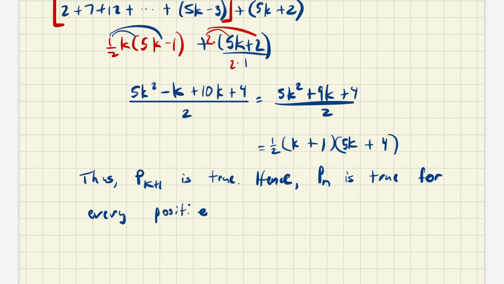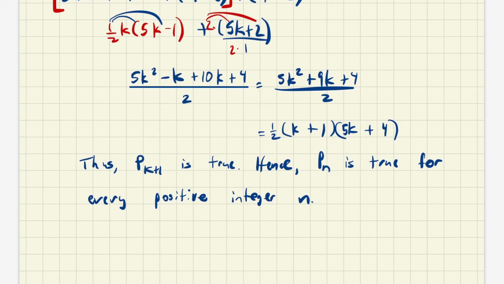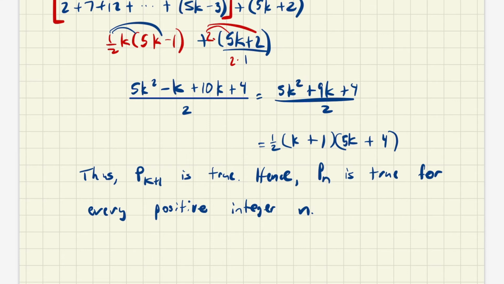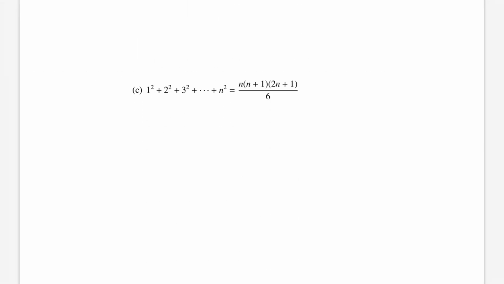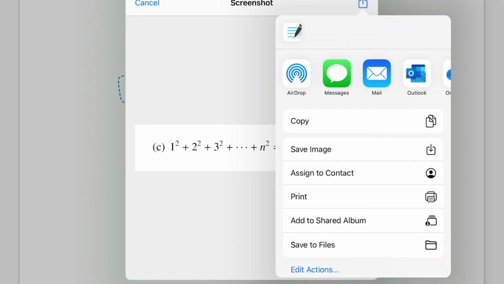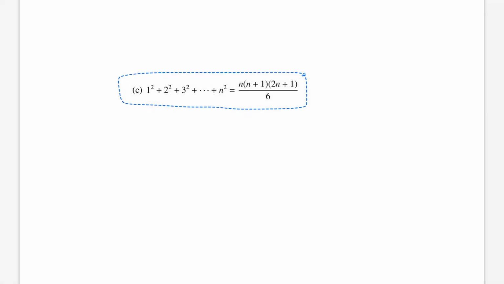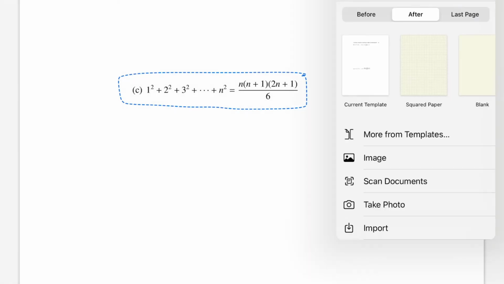Now, let's move on to the last problem. Here it is. I'm going to copy and paste once again because it takes up an entire sheet. Okay, so let's do this proof by induction once again.